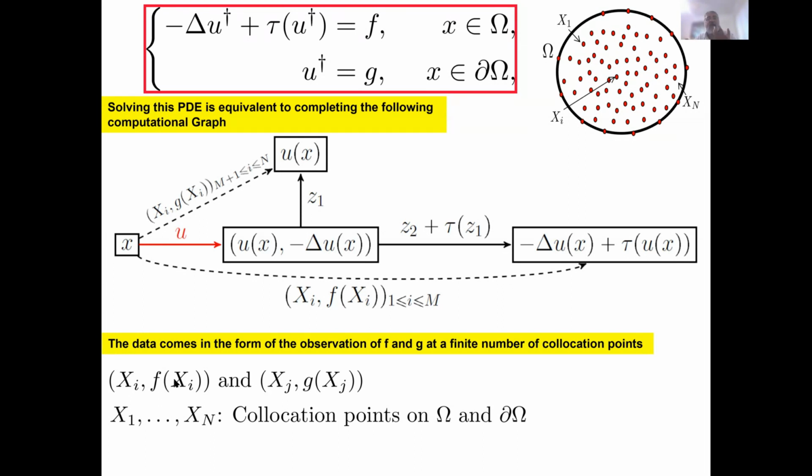Therefore, from an information-based complexity perspective, U is as good as unknown, and the data is obtained by the computation of the values of f and g at a finite number of collocation points in the interior of the domain and on its boundary. Note that this data also corresponds to the observation of subsets of variables of the graph represented by these dashed arrows.